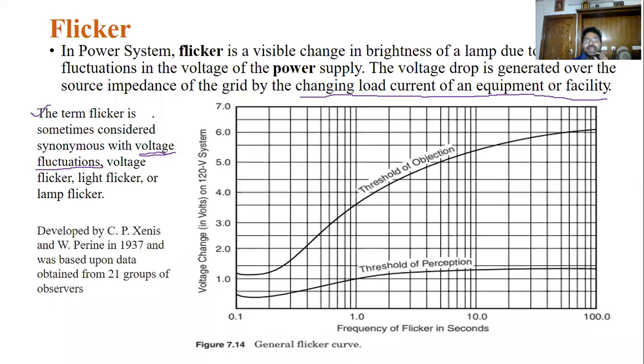A voltage sag is a voltage fluctuation, an interruption is a voltage fluctuation, and a voltage swell is also a voltage fluctuation. Sometimes the term flicker is used for voltage fluctuations. There are other words for flicker: voltage flicker, lighting flicker, lamp flicker. Remember, we can call it a power system flicker.